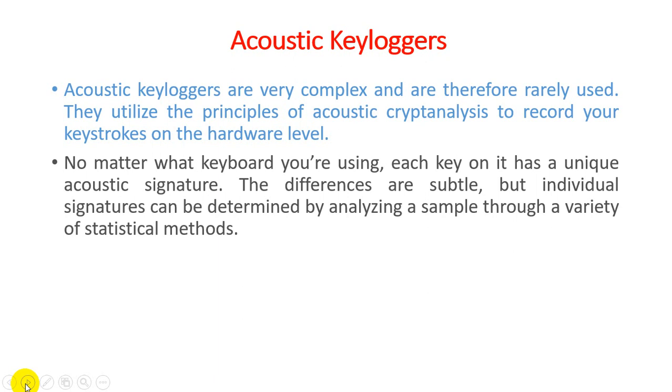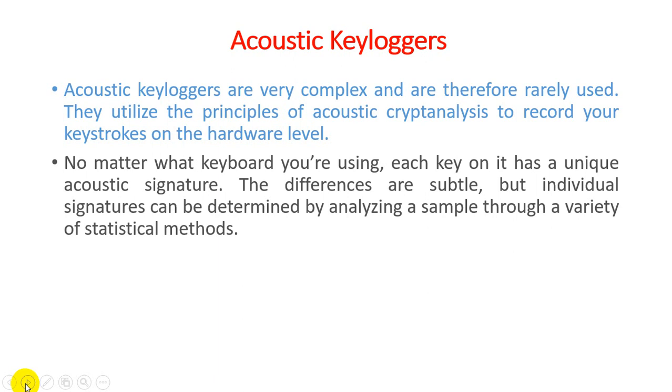Previously we said that we are using virtual keyboards. Whenever we are using a virtual keyboard, we are pressing some keystrokes. If someone is using acoustic keyloggers, they can easily identify those with the help of cryptanalysis. Whenever we type something, each character has some signature.